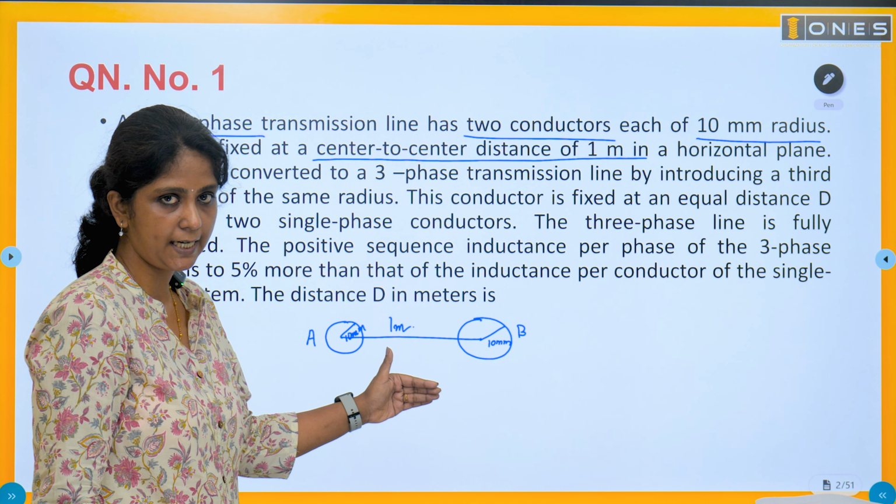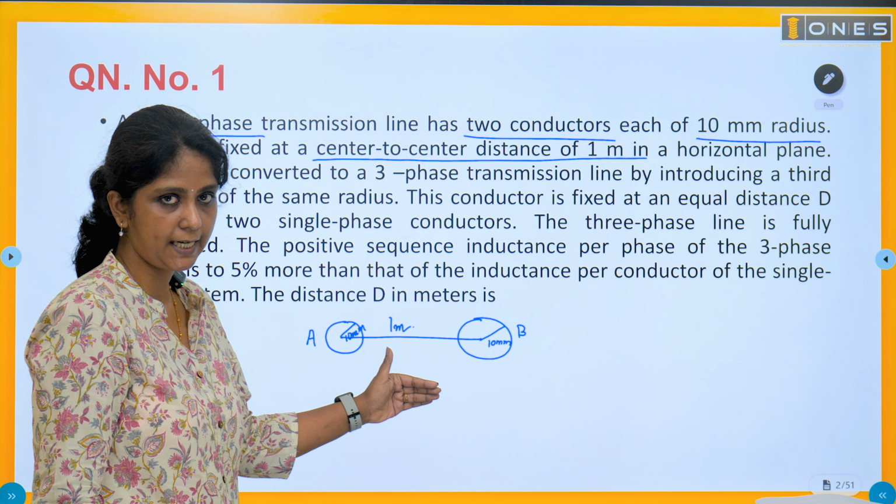Okay, now if I take case 2, the system is now changed to a three-phase system. You are introducing yet another third conductor.